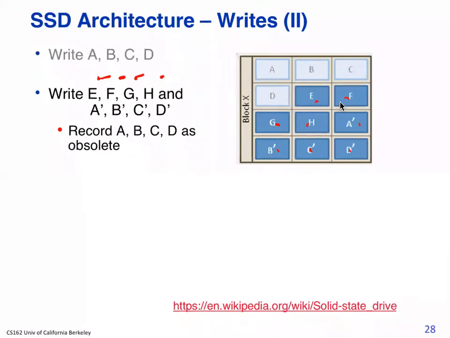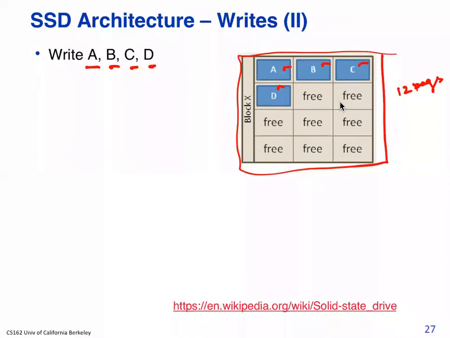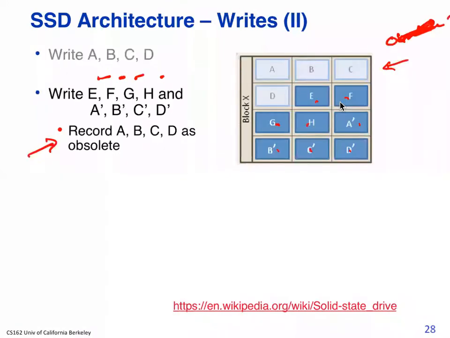Now next thing is that A, B, C, D is to be marked obsolete. Let me correct it, just a minute. So initially ABCD is there, and then EFGH comes.